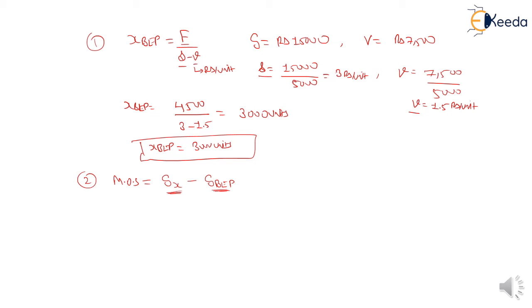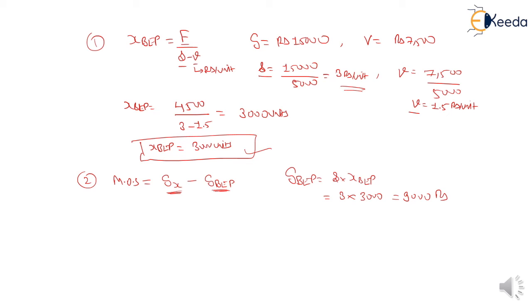So the margin of safety is easy to calculate. Okay students, what is S corresponding to the break-even point? It is small s into X corresponding to the break-even point. Small s, the selling cost in rupees per unit, is 3 rupees per unit, into X corresponding to the break-even point, 3,000 units, into 3,000 is nothing but 9,000 rupees.